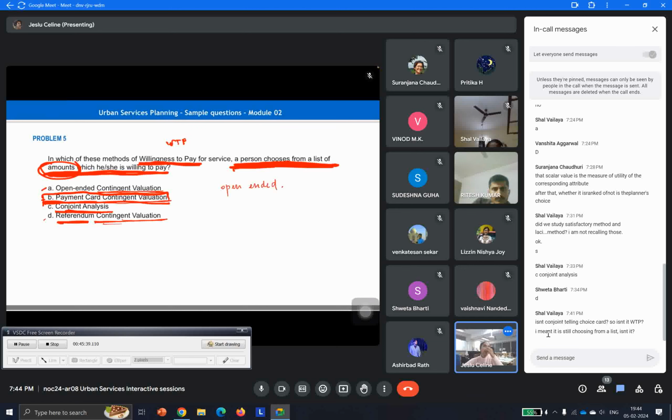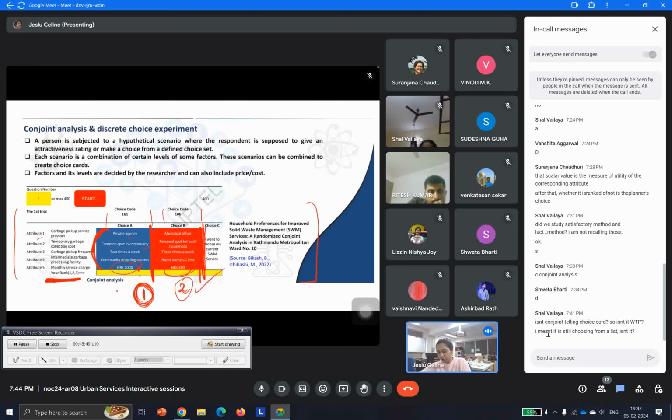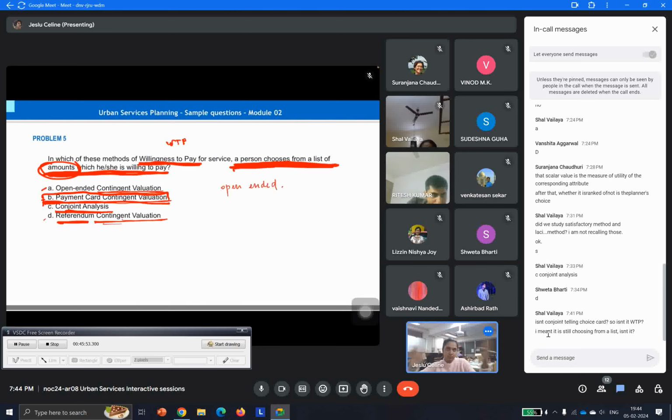It's different. The difference is that when you're talking about a list, you're mainly talking about different values in a list. Here, in addition to that, you also have different attributes. So yes, it's a list in that regard. You have different attributes, and all these attributes compiled together give you different choices. But here the question asks that a person chooses from a list of amounts which a person has to pay.